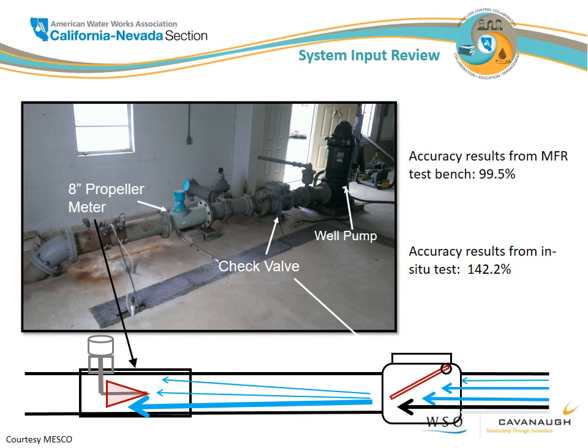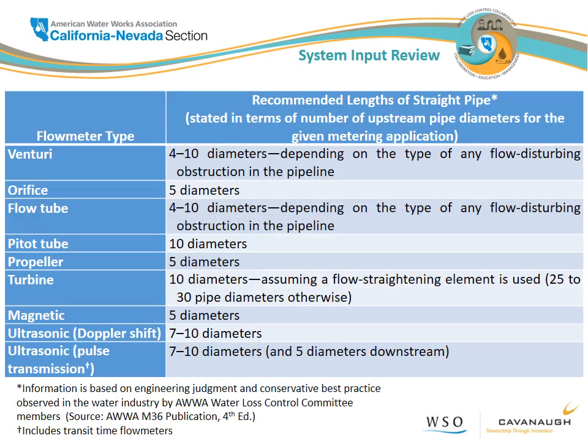Interestingly, this meter had been tested at the manufacturer's facility the prior year and tested out great. But when it was tested on site in situ conditions, it tested at 142%. So it was over-registering by a very significant amount. So this is a great example of this particular gremlin. Relative positioning of the meter installation was creating very, very inaccurate results.